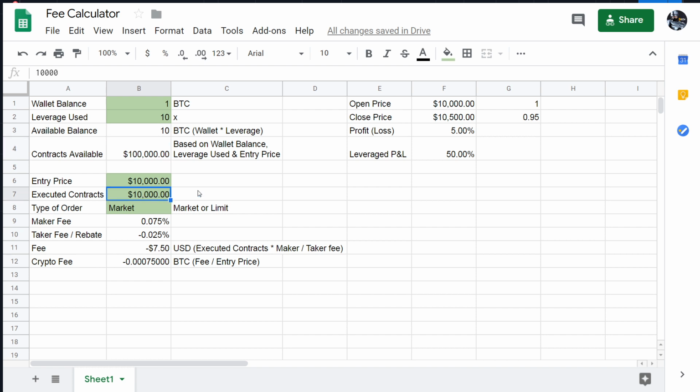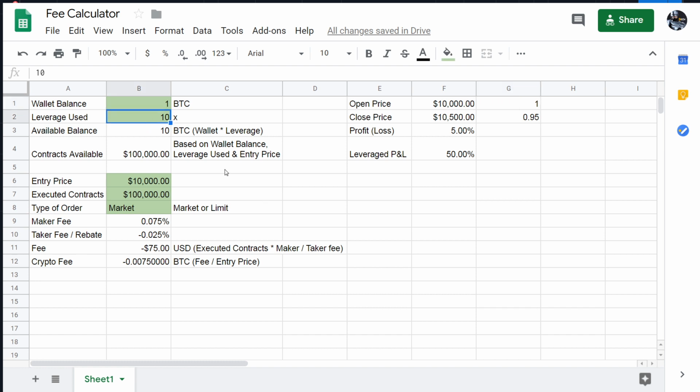But if I'm only using $10,000, I'm only using 10%. In order to realize exactly 50% of my entire account, I have to use all of the available contracts to me. And that is how I can add 50% to my account. To go from 1 to 1.5 Bitcoin, I have to use all 100,000 contracts available to me. And that would be at 10x leverage.